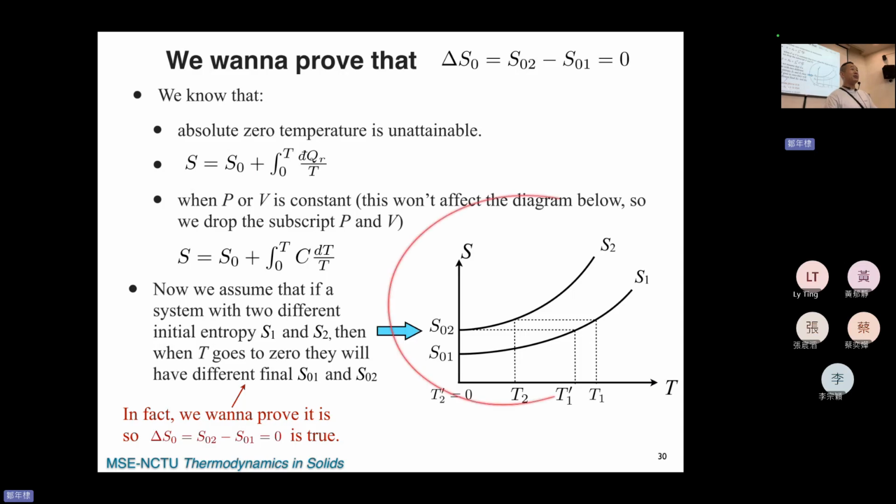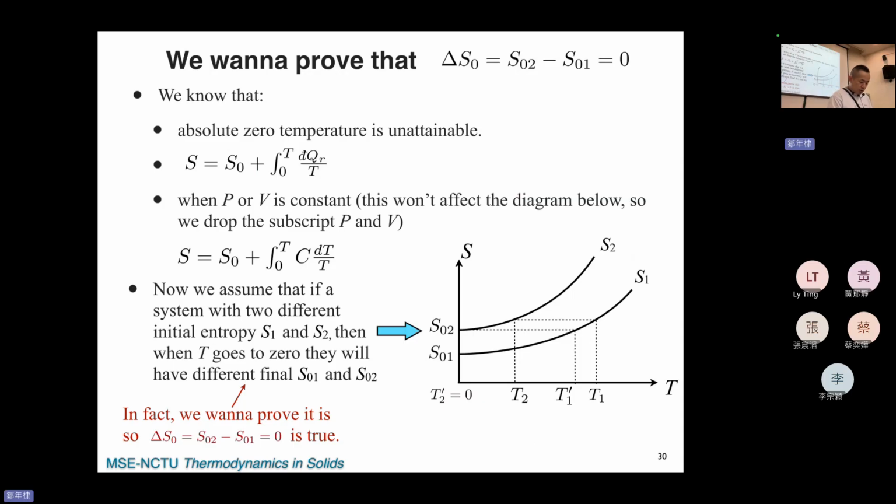They all look like this, so it doesn't matter. So S can be transformed into S equals S naught plus the integral from 0 to T of C divided by T, integrated over dT.